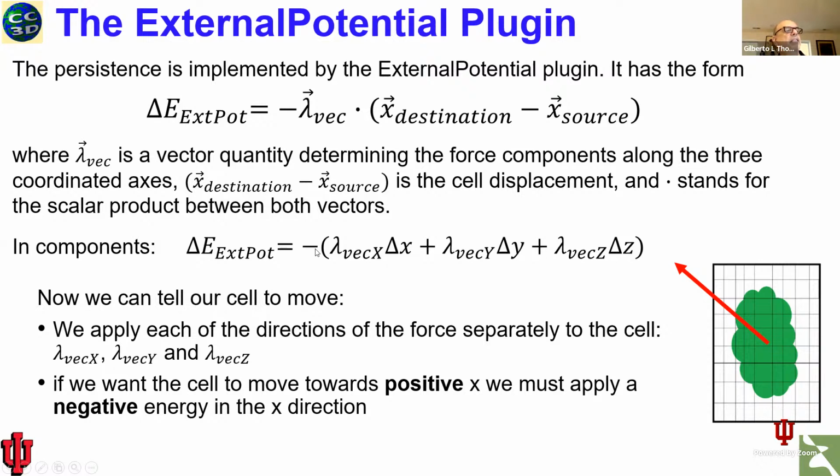The funny thing is, because of the minus sign in the expression, if you want the cell to go in the positive direction of an axis, you have to apply a negative energy in that direction, because of how CompuCell works. You have this negative all the time.